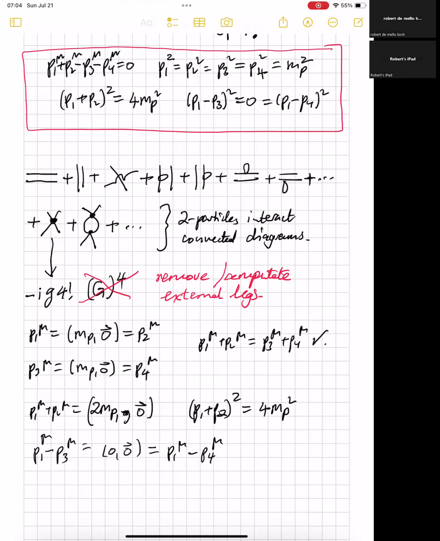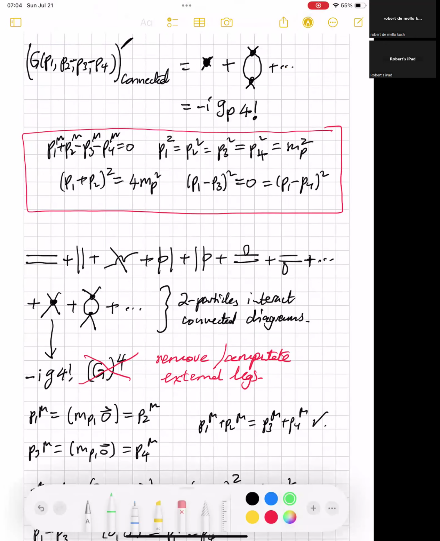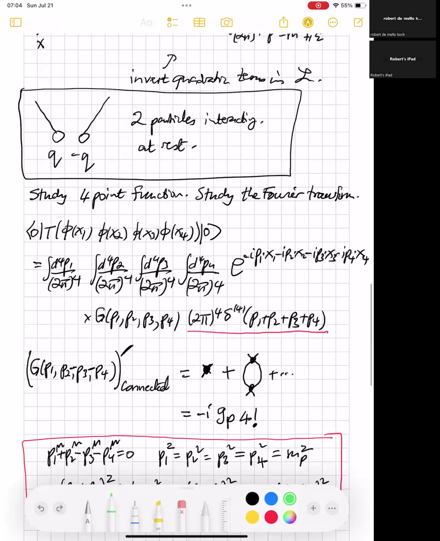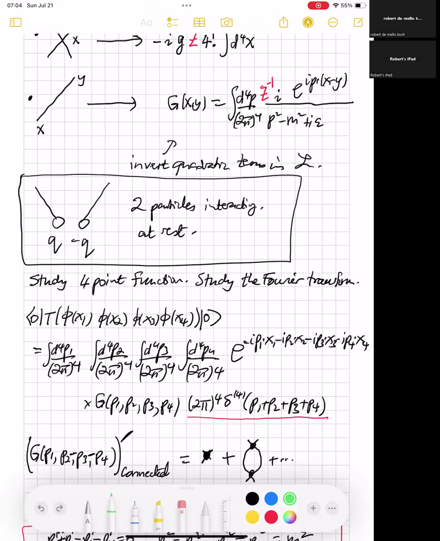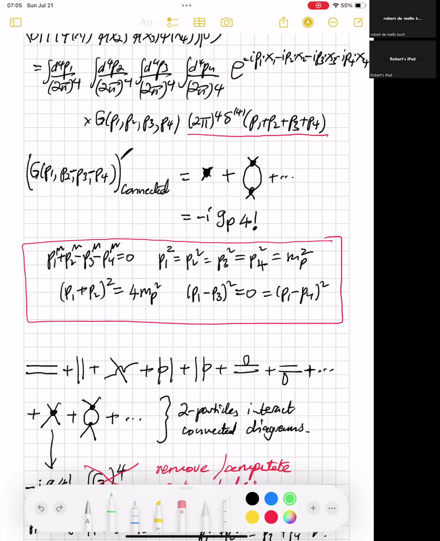So this is setting P1 and P3 to also have no velocity. So what these last conditions are setting, these conditions over here, they are making sure that our particles are at rest. But remember, that's precisely the conditions under which Coulomb measured the two-particle interaction. The particles were at rest. So that's what this condition on the momenta is doing.